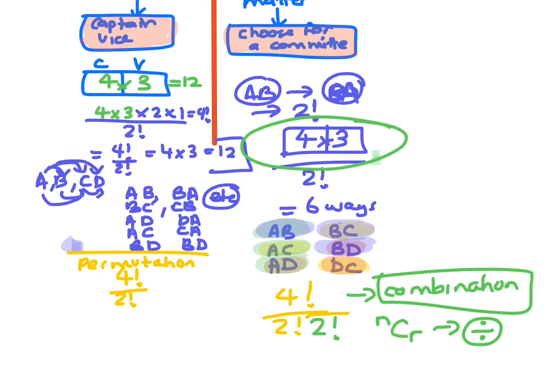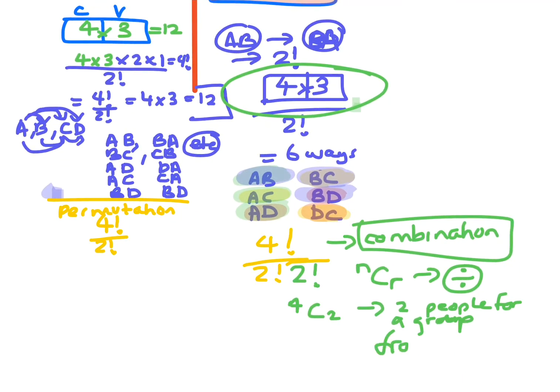And I want you to now try in your calculator 4C2, because you're choosing 2 people for a group from 4 people. 4C2 is 4 factorial over 2 factorial, 2 factorial. If you put this in your calculator, you will get 6.